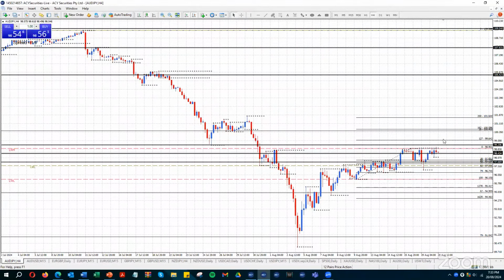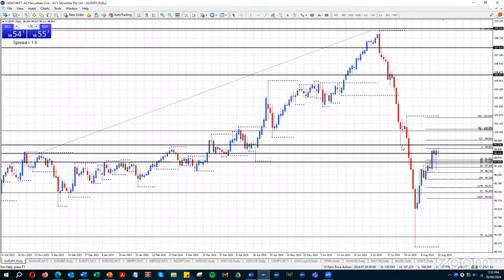It's a bit difficult to look at on the 4-hour chart because these ranges are very narrow. So I just want to go back to the day chart. We've got a level of resistance here at 99.20. I don't necessarily like this pair too much. It's very tight in here, struggling at last week's high. And then we've got this area of resistance at 99.20. So it would be much better to be able to buy a dip.